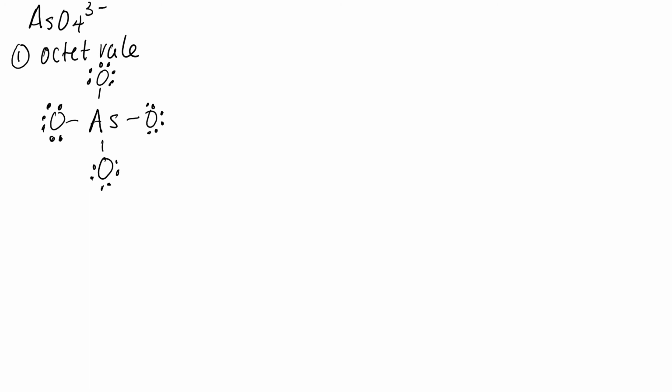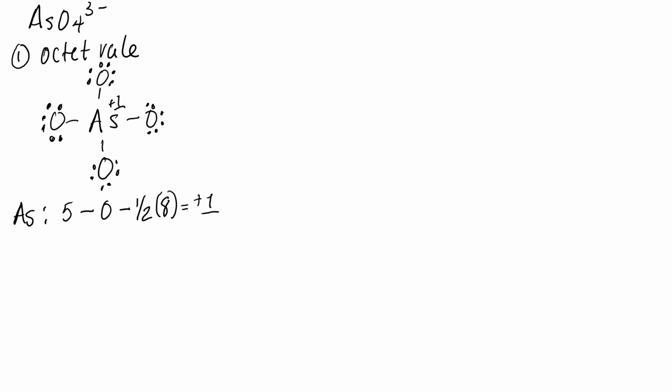All the oxygen atoms have the same bonding pattern, so they will all have the same formal charge. Let's start with arsenic. It has 5 valence electrons, 0 non-bonding electrons, and 4 bonds, so 1/2 times 8 gives us a formal charge of +1. So that's okay.